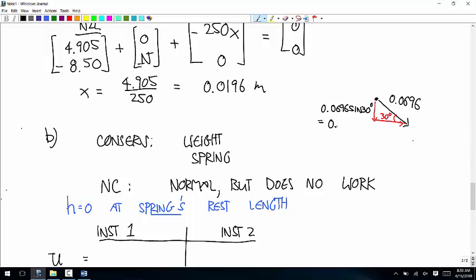And so that's just 0.0348. Who's with me on that? So the height is negative, since this is our zero height. The height of this thing at its starting point is negative 0.0348.